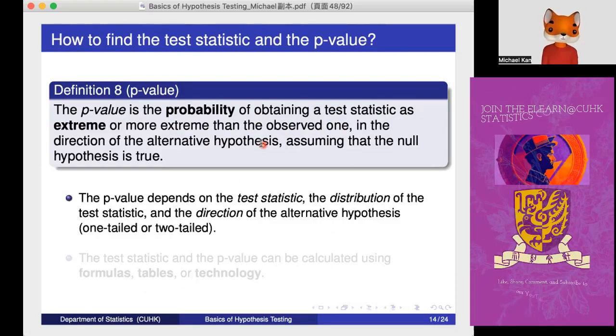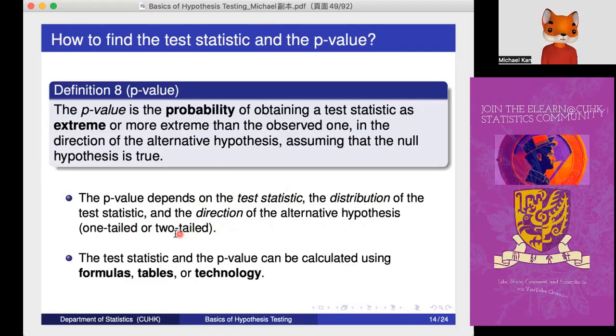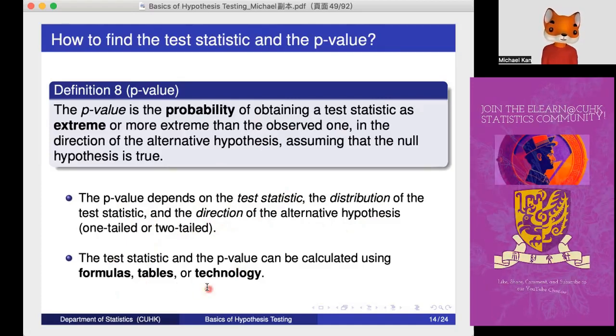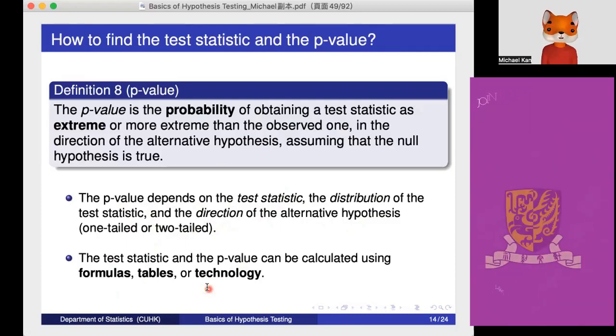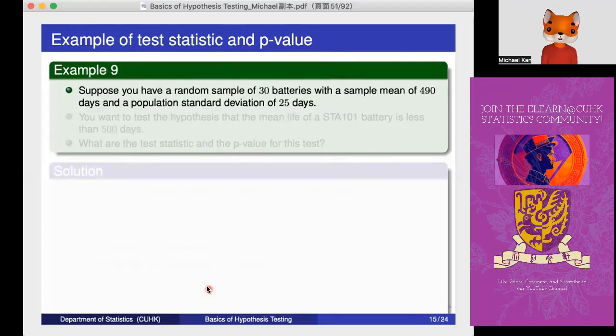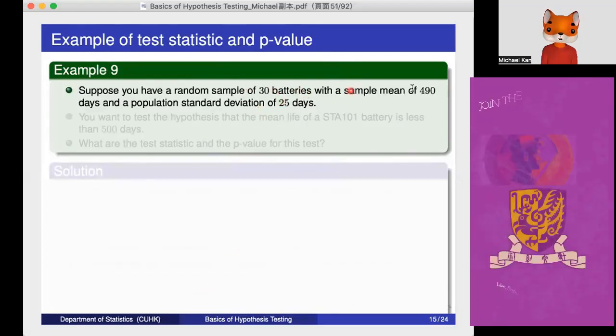Our p-value depends on the test statistic, its distribution, and the direction of the alternative hypothesis, that is, whether it is less than, greater than, or not equal. The test statistic and the p-value can be calculated through formula tables, or using a computer. We are left wondering what their significance is, or how they can help me make a decision.